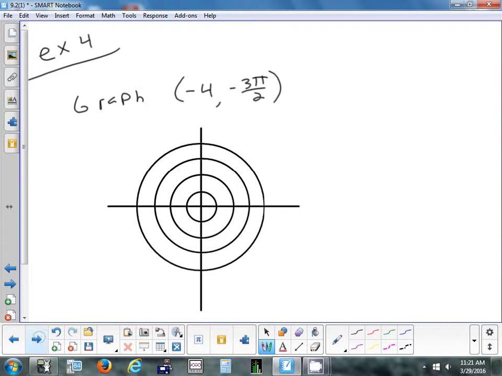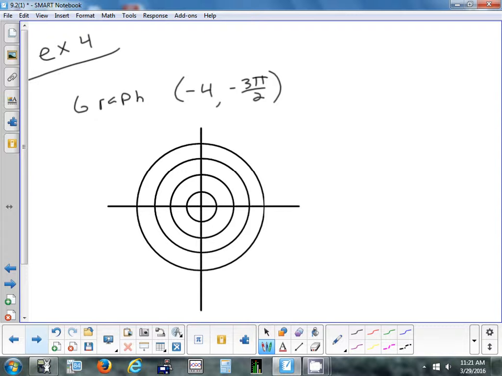Right, next one, we're going to graph it, and then we're going to try something a little different. Kanan, what direction am I going to move for my radius? Left. And how many units? 4 units. Good. We'll go left 4, and negative 3 pi over 2. How many degrees is that? 270. Yep, negative 270. So clockwise or counterclockwise? Clockwise.